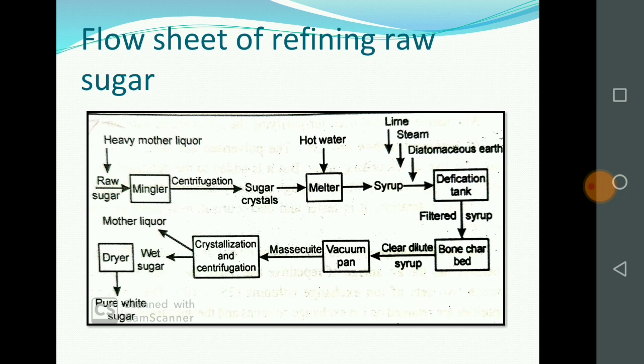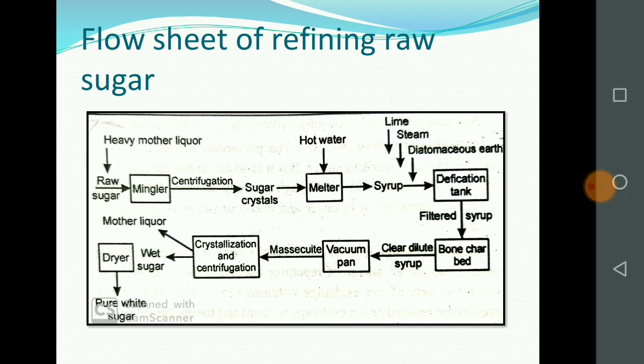The raw brown sugar is mixed with the heavy mother liquor of 16 degrees to 80 degrees Brix. The mixing is done in a special vessel called a mingler, provided with a stirrer. This helps to remove the molasses film as well as colored impurities around the sugar crystals.